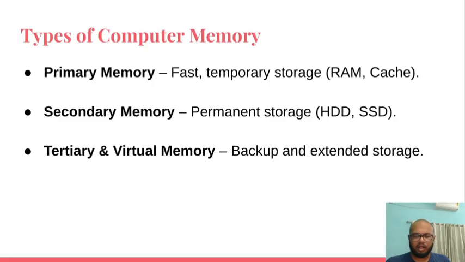All files which don't need immediate action, which don't need the fastest of memories, like photos, videos, other programs which are not being used for quite a time, all of these items are stored in your secondary memory.